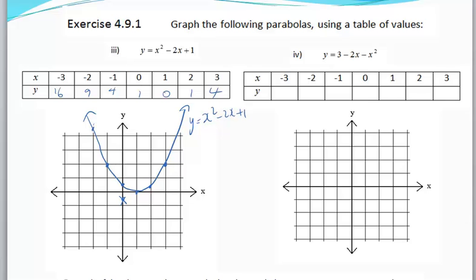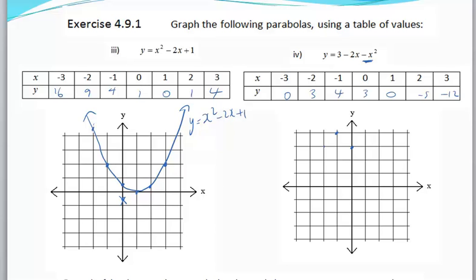So for our next parabola we have 3 minus 2x minus x squared, and we look here, and so we should have concave down here. We fill in our values, we should have 0, 3, 4, 3, 0, minus 5, minus 12. So x is equal to 0, y is equal to 3. When x is minus 1, y is equal to 4.